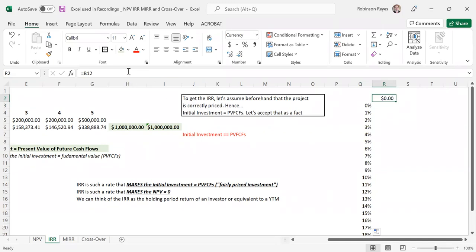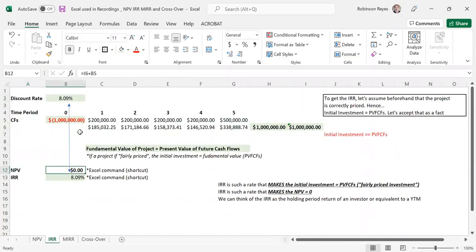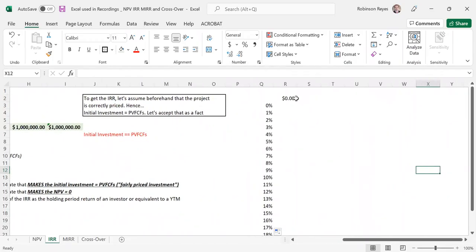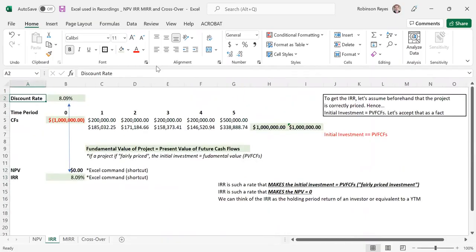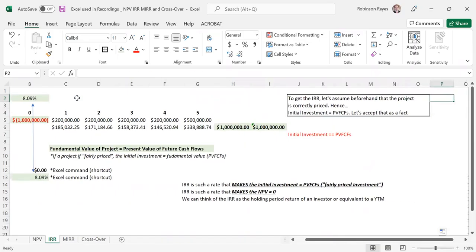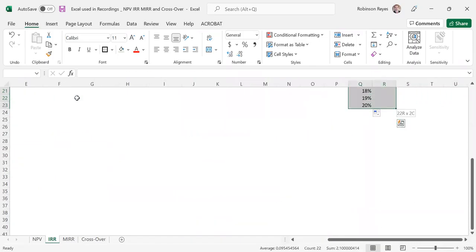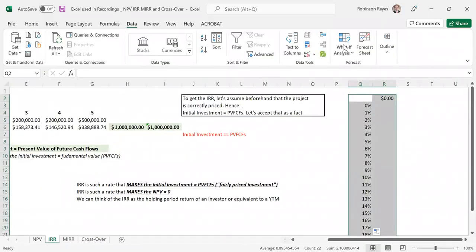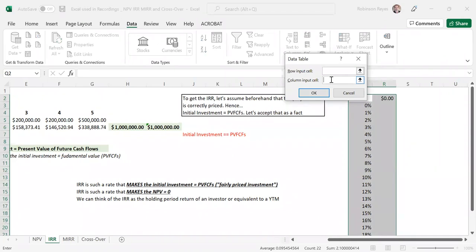So we are making reference to this cell, B12, where we are calculating the net present value of this project. And we will have Excel recalculate this considering each one of these different discount rates rather than the 8.09% discount rate we have here, right? We do this by selecting, in Data, What-If Analysis, Data Table, and then the column, because this is a column.